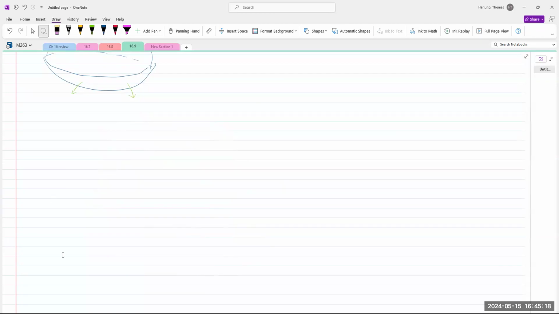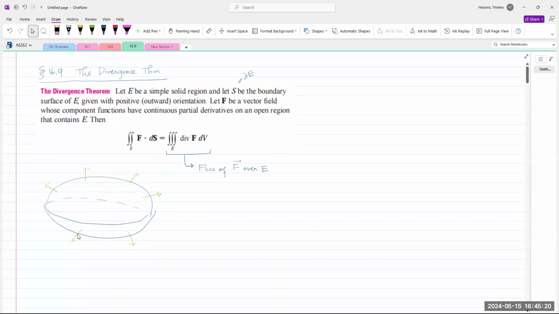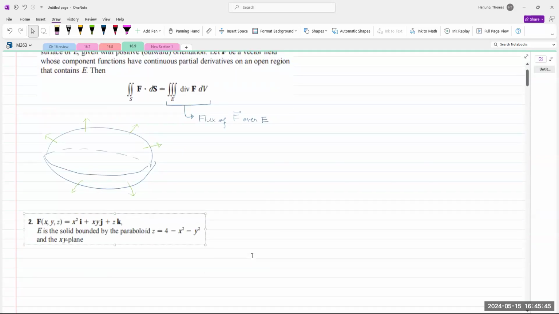So what we will do in this section is only apply this theorem. We start with question number 2, and the question is to verify if the divergence theorem is true.